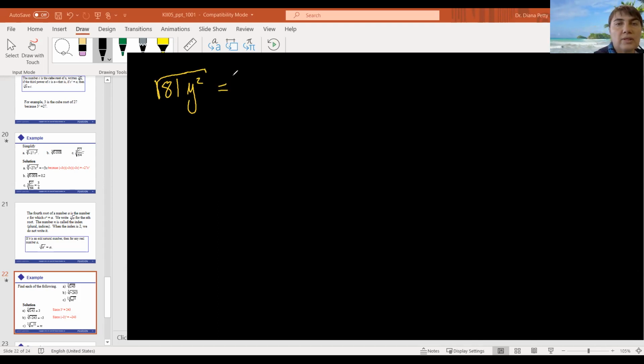So you can split them. What would this be with absolute value if you need it? Yes, y needs to be in absolute value because of the square. They want to teach you this.